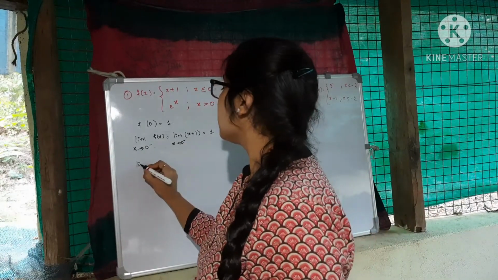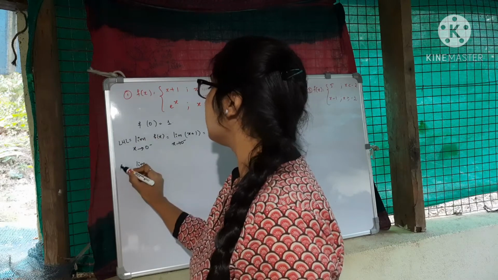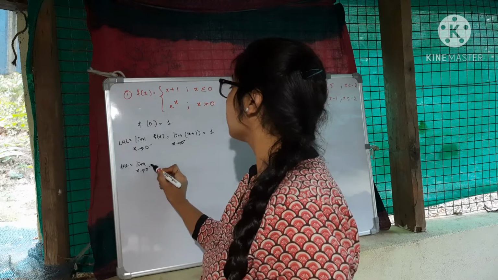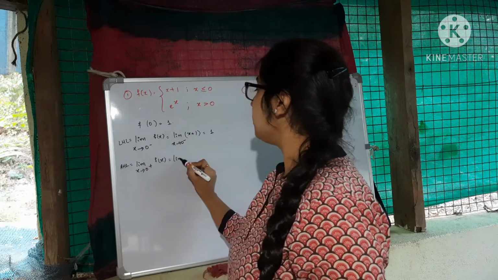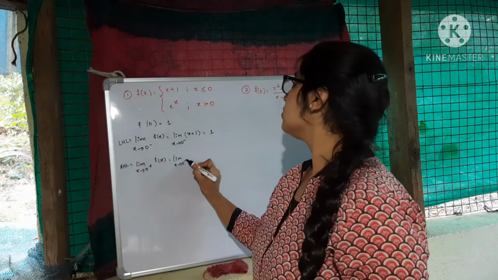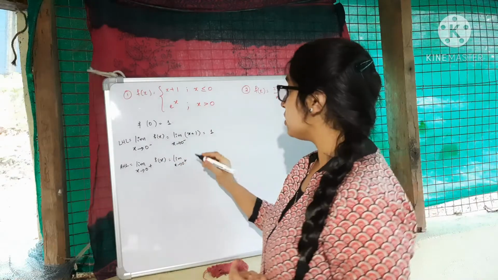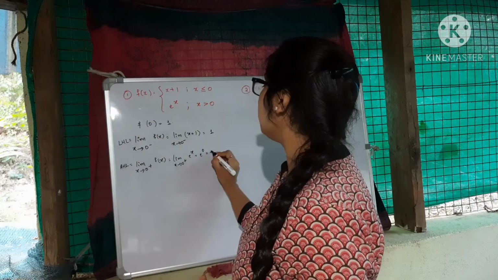Now this is the left hand limit, and this is the right hand limit: the limit of f of x as x approaches 0 from the right, e to the power of x, so e to the power of 0 will be equal to 1.